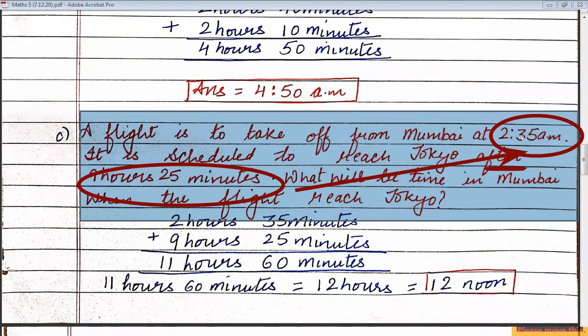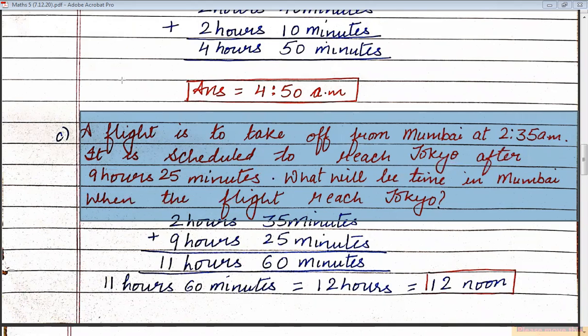Okay. So let's write it in column method, that 2 hours 35 minutes plus 9 hours 25 minutes. So let's add them. After adding, what you will get? 11 hour 60 minutes.